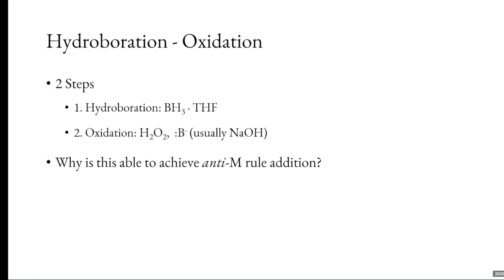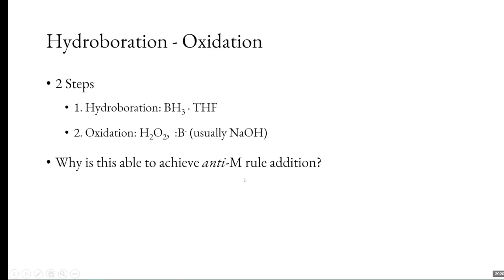The other part will just add onto the carbocation. In normal cases, the hydrogen is the electrophilic part, for example in HCl and H2O. But in BH3, the boron is actually the electropositive, electrophilic part.